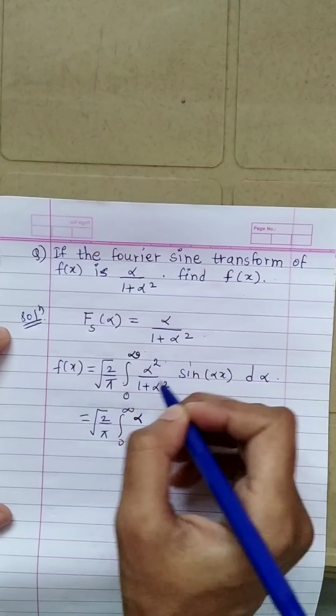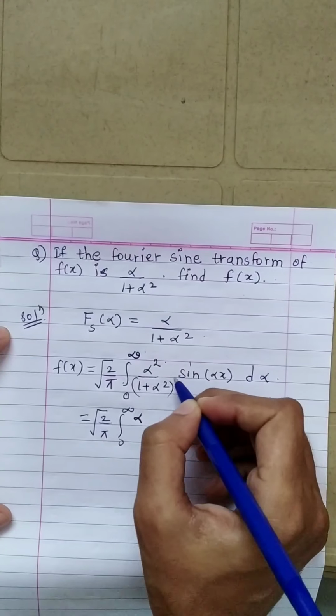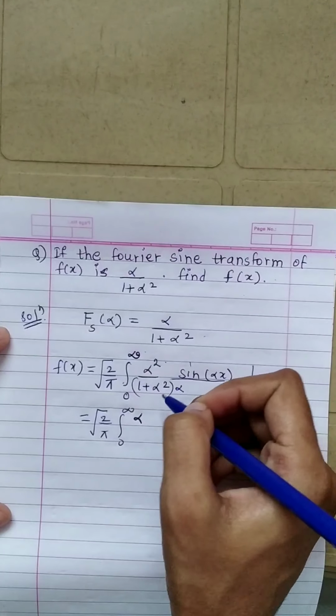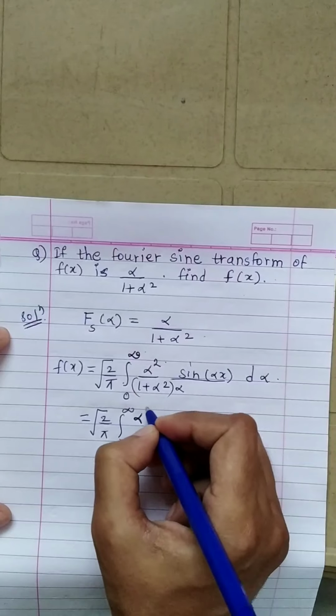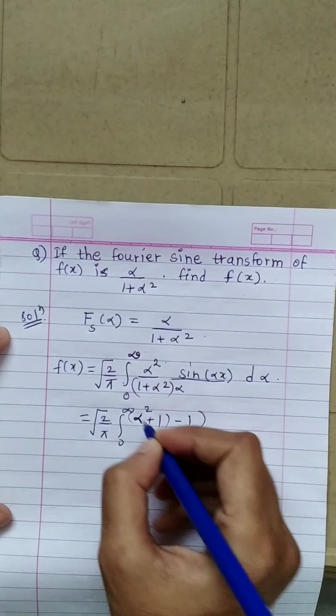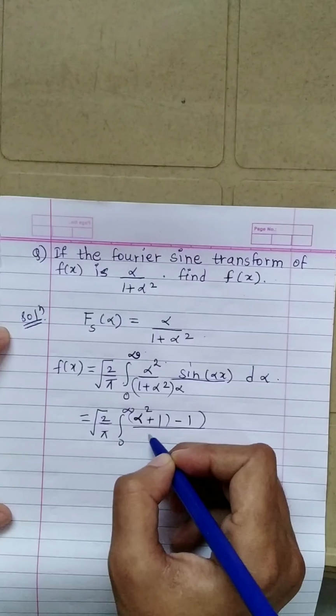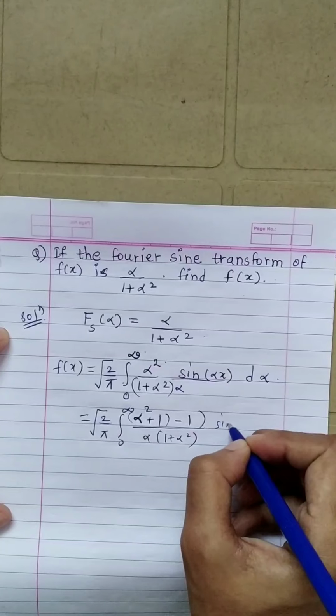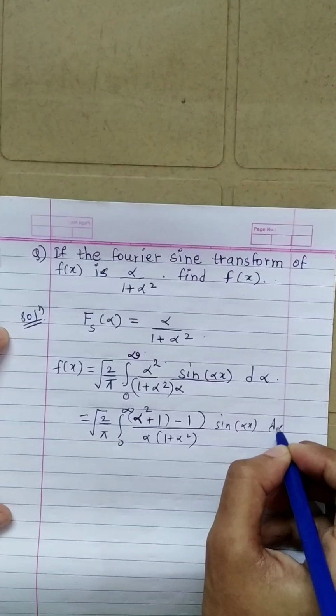Multiply by alpha, divide by alpha, and then if I add and subtract 1, it will be alpha square plus 1 minus 1 over alpha into 1 plus alpha square, sine of alpha x d alpha.